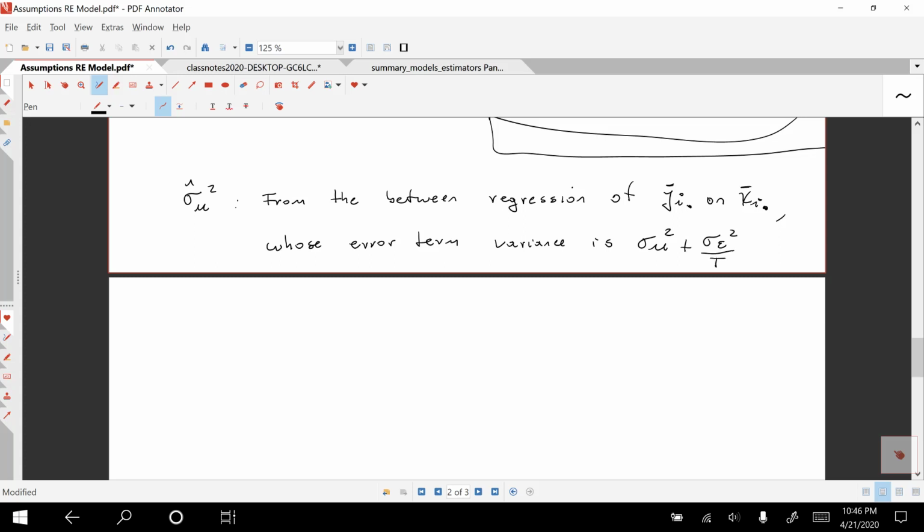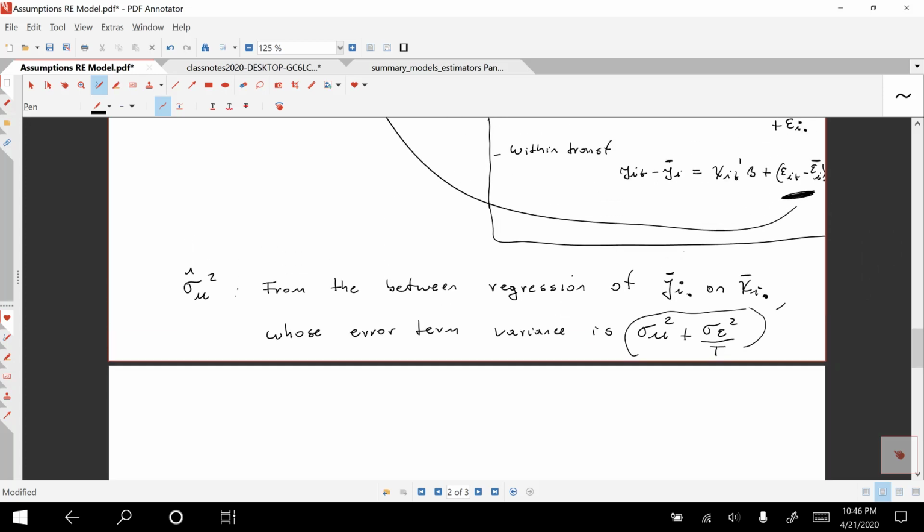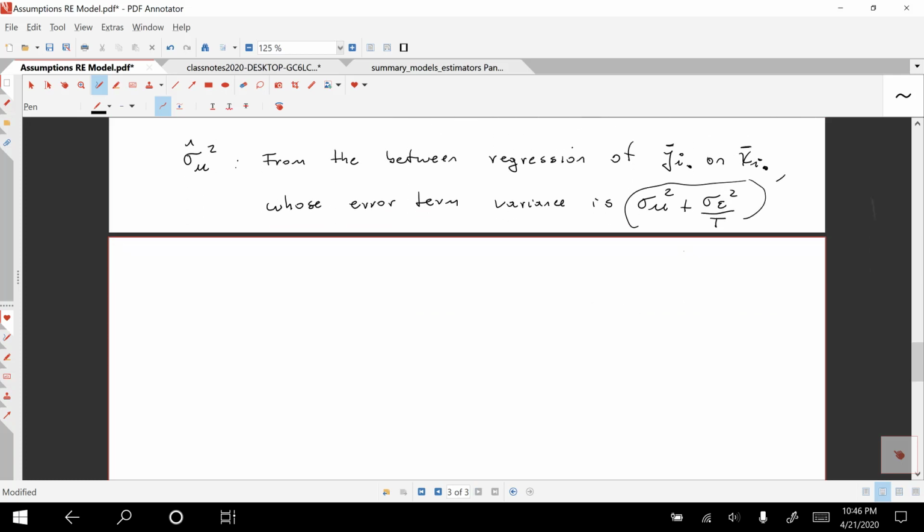Okay, so that's the variance for the between regression. And once we have this variance, we can obtain sigma mu squared from the variance of the between regression. Okay, and in a second I'll show you what's going on.